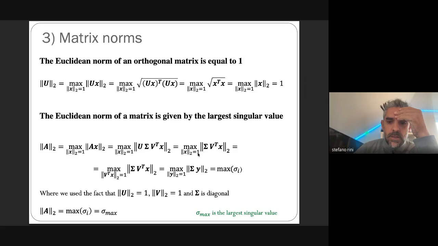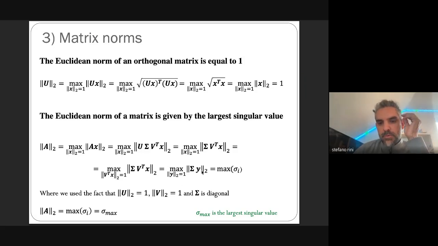But now, V transpose is also a unitary matrix, so V transpose X can be another vector, let's call it Y. Now we have the max of the norm of sigma Y, and this is a diagonal matrix. So the best way to maximize the norm is to put all of the weight of the vector Y on the largest component of the diagonal.